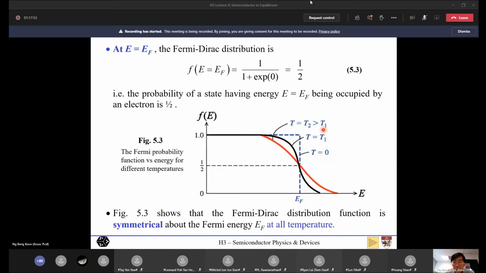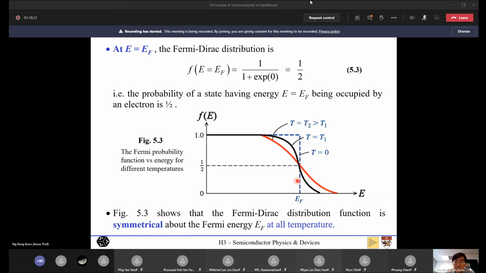If we increase the temperature to T1, for example, remember that for energy above the Fermi level at non-zero temperature, you have some finite probability of finding electrons at those levels. So you expect this part of the curve to be not 0 anymore, but to have some finite values. So there's some gradient there now.